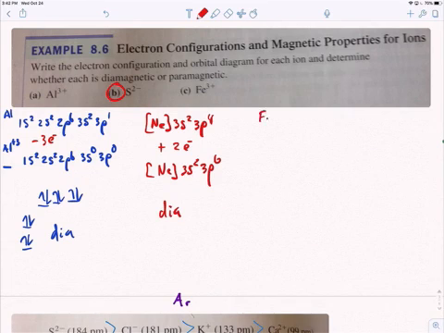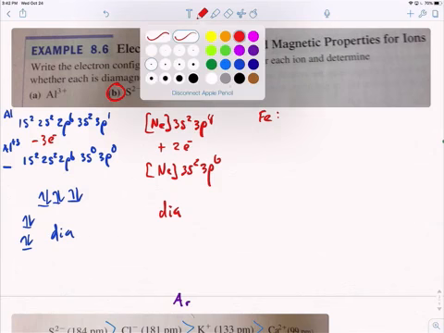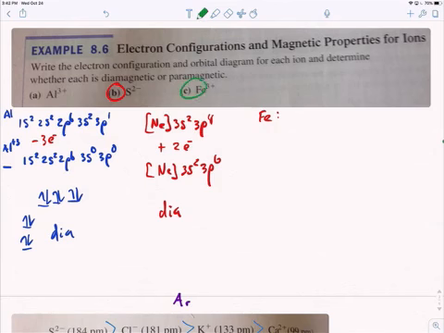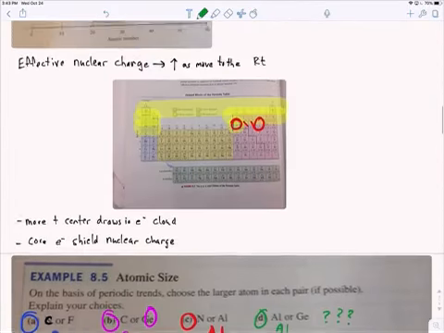Iron, on the other hand, I should use a different color. I'll use green for iron. Iron's electronic configuration is 1s squared, 2s squared, 2p6, 3s squared, 3p6, 4s squared, 3d6. Where am I getting that from?